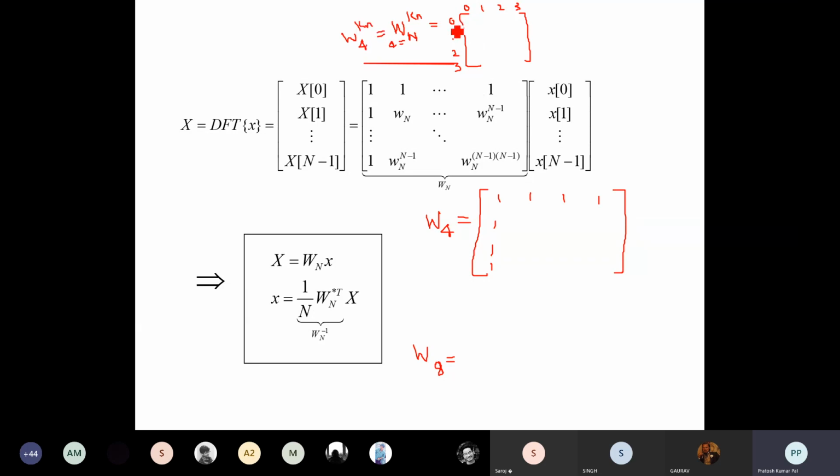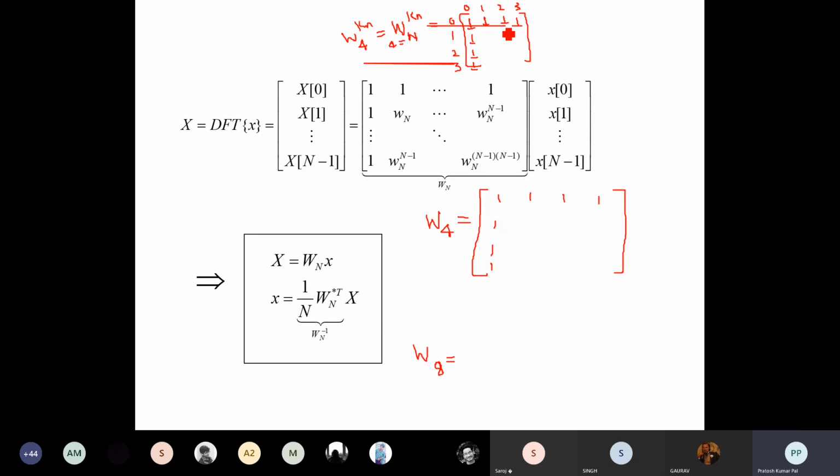So either k or n will be 0, then this will be W to the power 0, which is 1. So this will always be 1, this will be 1, this will be 1. So in this case n is equal to 0, so W to the power 0 will always be 1.